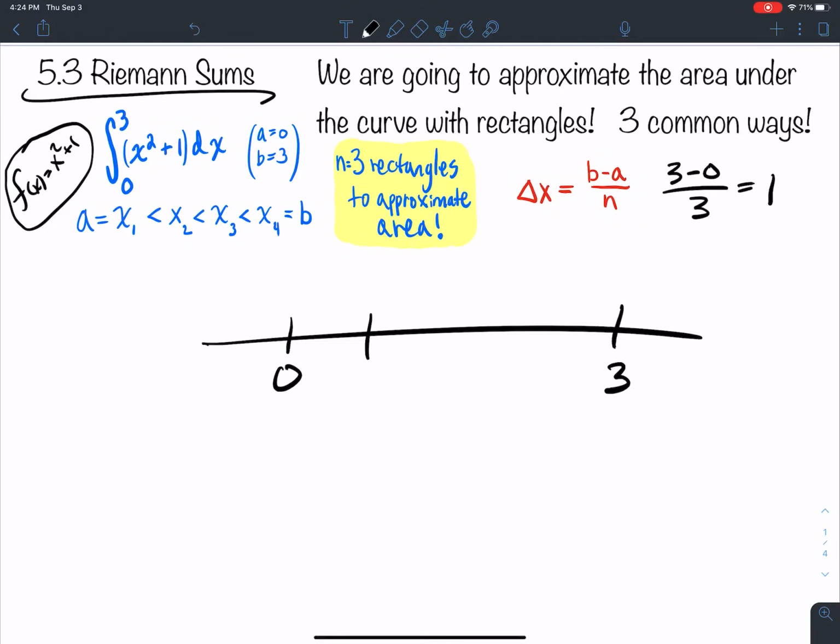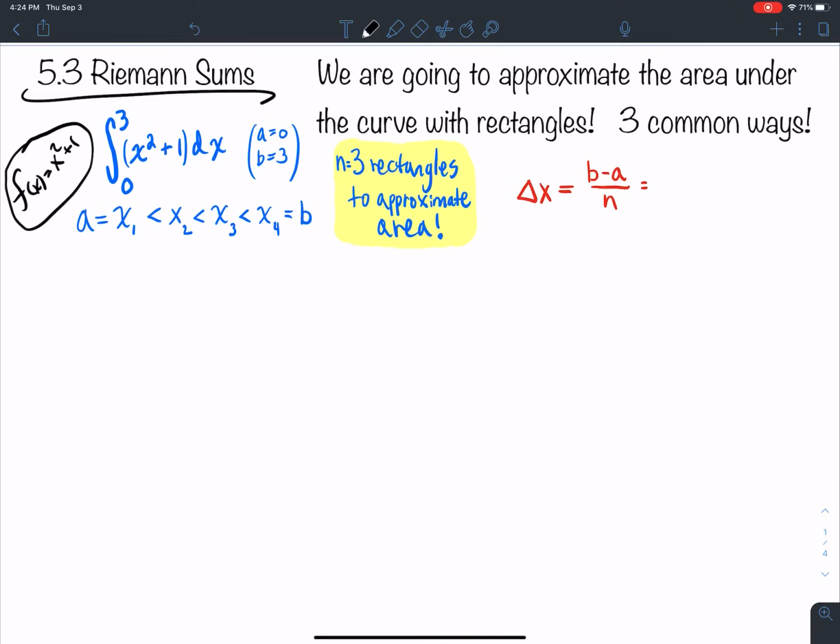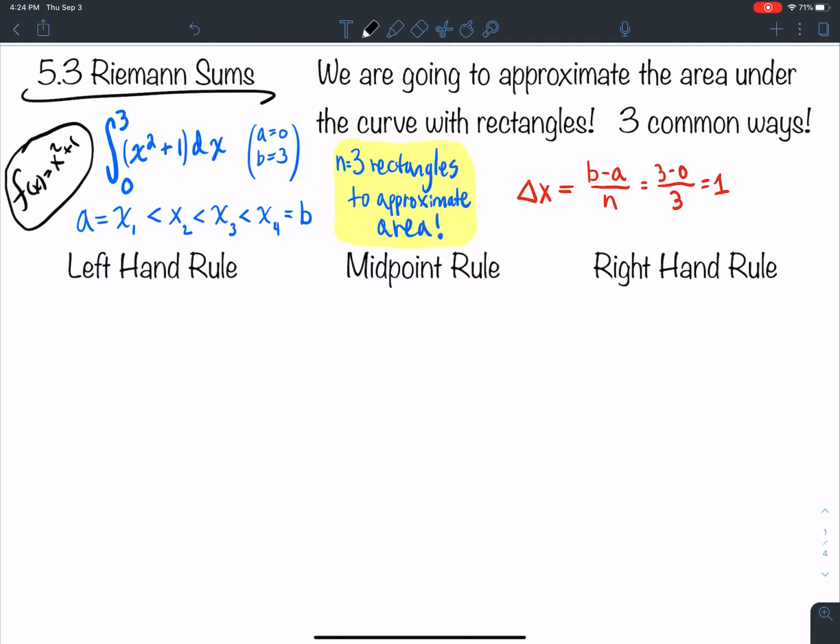So each piece has a length delta x equals 1, which is the width of each rectangle. So delta x equals b minus a over n is the formula used to find the width of the rectangles that you're summing.